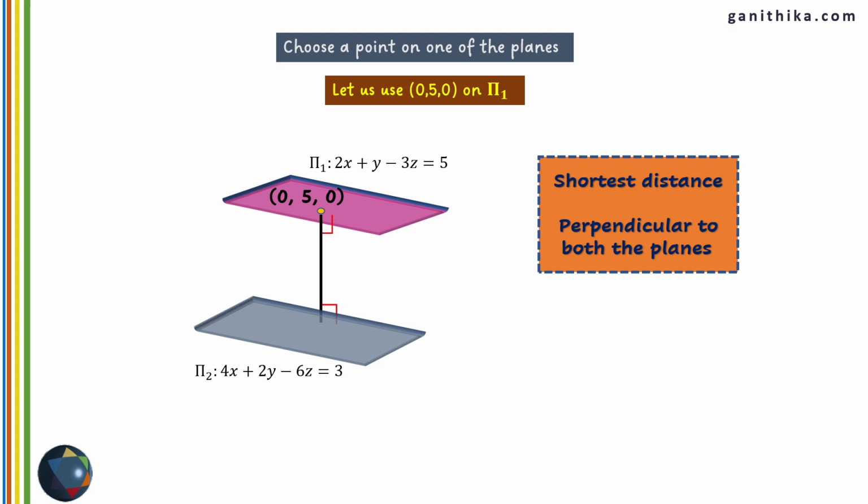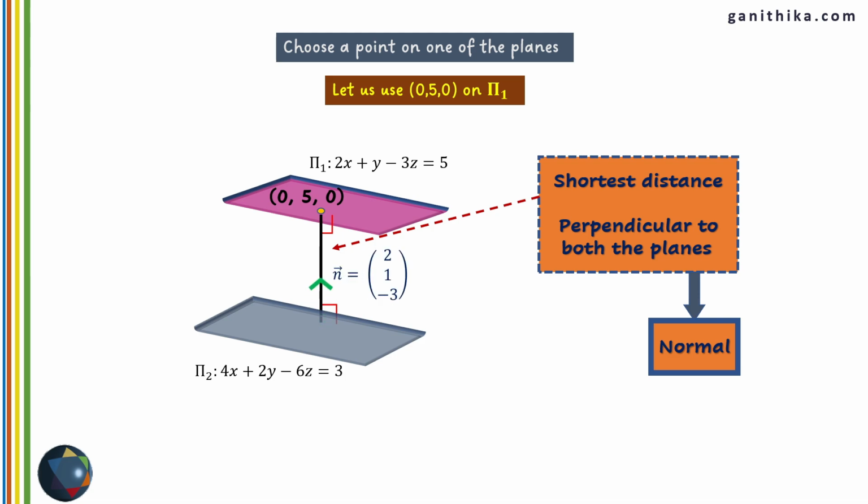This is the normal, and the moment you say perpendicular to planes, you will think about the normal vector. Therefore, you can see that this vector is nothing but the normal vector for both the planes, 2, 1, negative 3. Just now we found this out. So the vector between the point 0, 5, 0 going down perpendicularly to the second plane is going to give us the shortest distance. So we have to find the length of this vector.